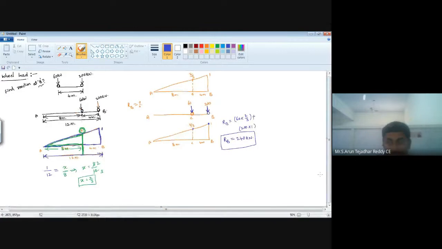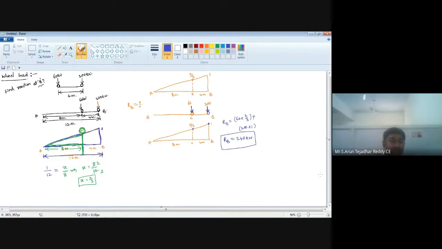So this is the way to find reactions in the influence line diagram. See, this is very simple. Whatever the given diagram, based on that, just draw the influence line diagram. But you need to check whether it is the left side or right side, that is A or else B. Based on that only, give the maximum intensity at that particular point.